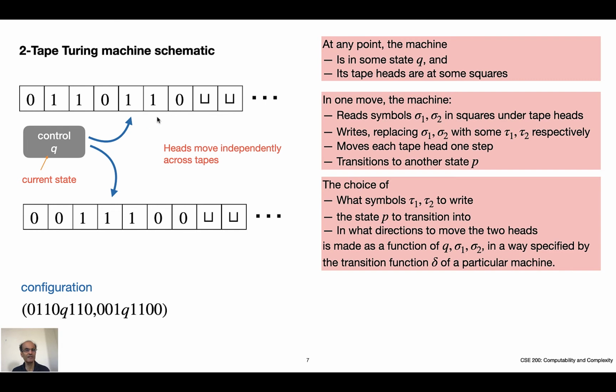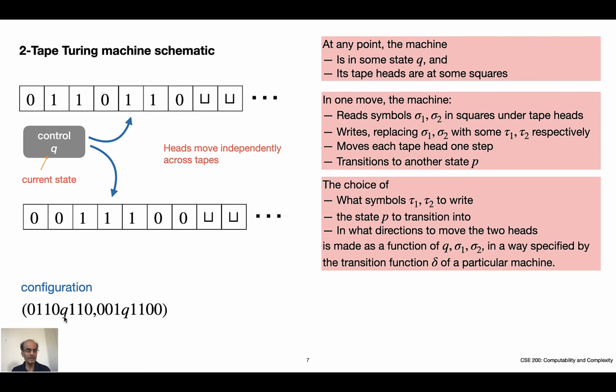So you can check that they match up. As usual, the Turing machine tape is filled with blanks to the right of the last thing that's actually written. That's implicit, so you have blanks going all the way down there. The blanks don't appear here. It's understood that everything else is blank.